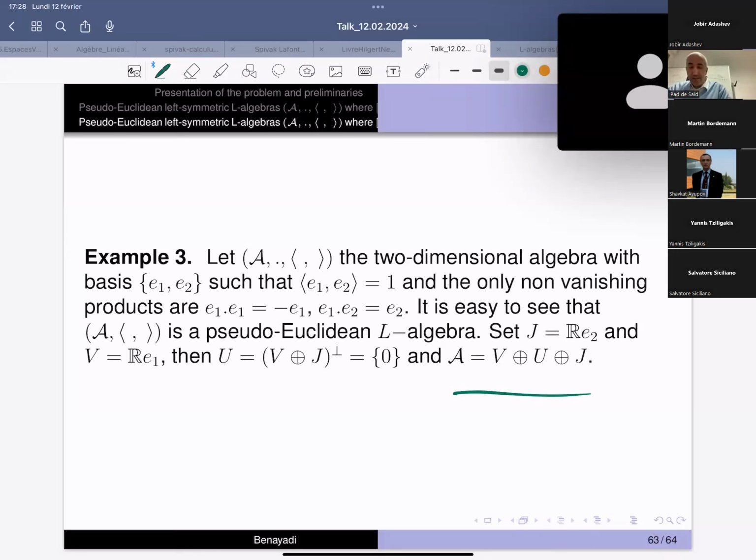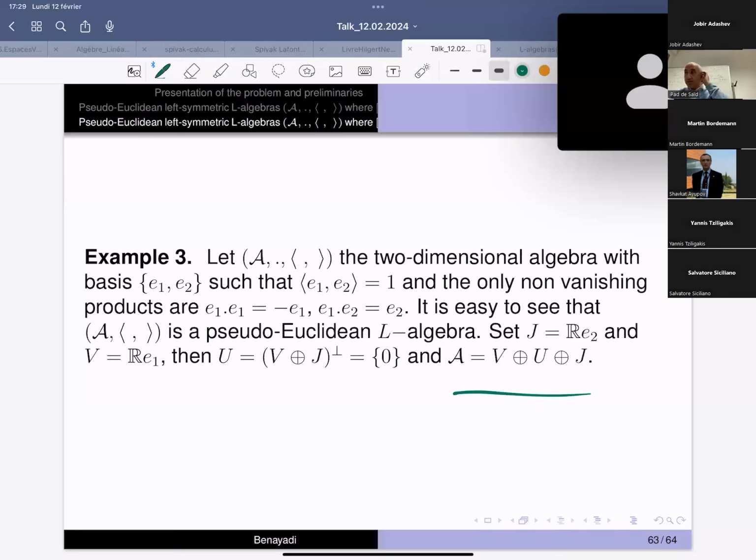There are two ways to study this problem, by algebraic ways or by geometrical ways, by geometry of algebraic groups. And in this case, it's very difficult to make a classification just by bracket. It's not very easy.